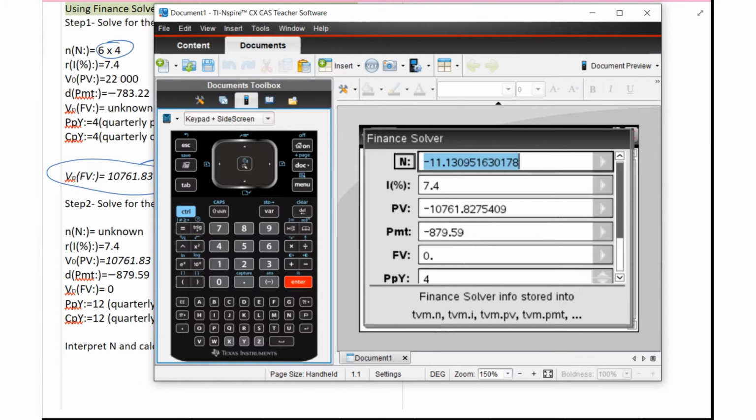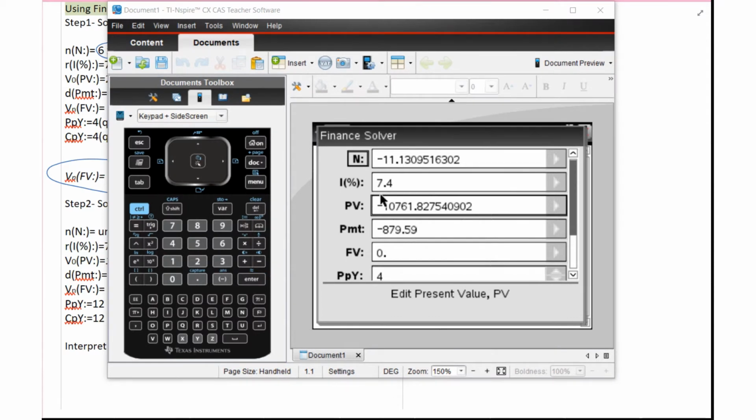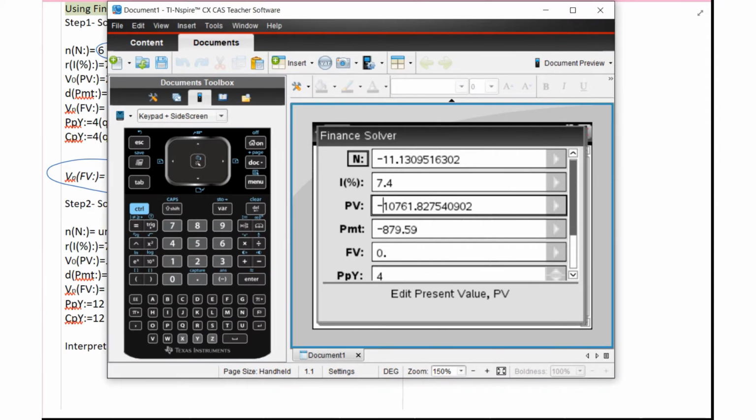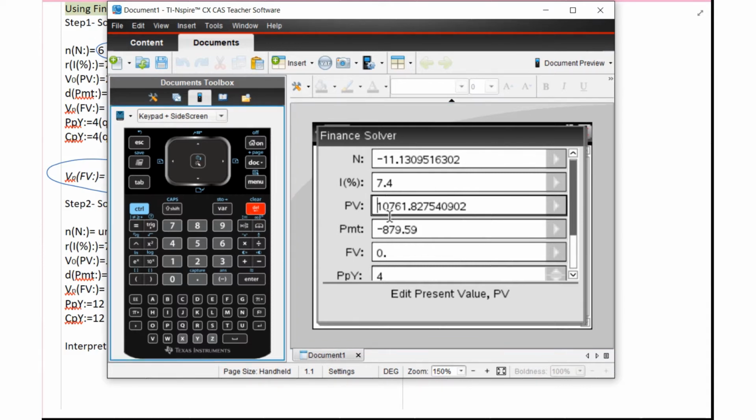Have I done something? Hang on a sec, I'm just going to pause this for a moment. Okay, found out where my problem was. Because I copied and pasted the principal value, that's what the bank's given me still, so that changes to positive.